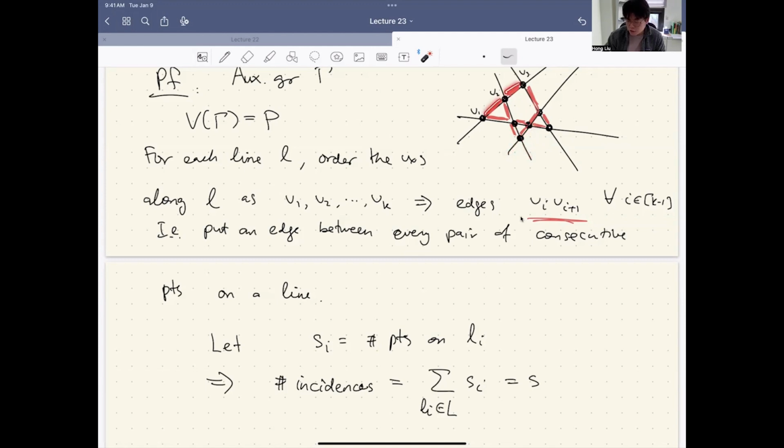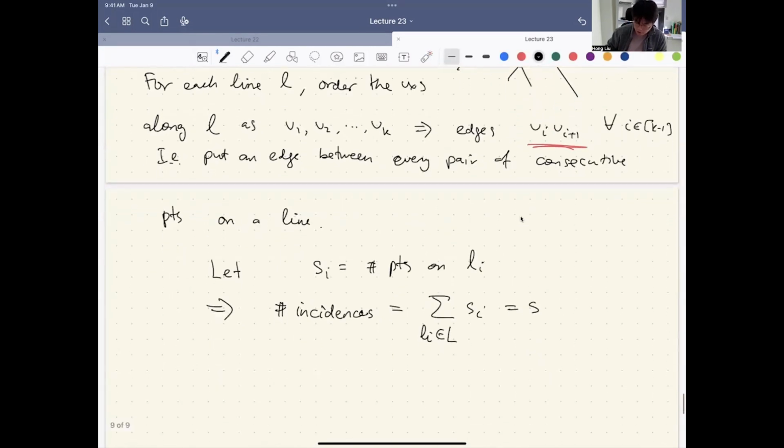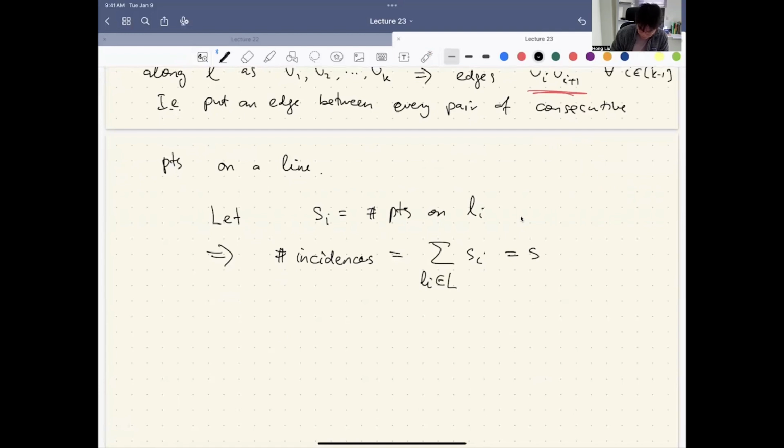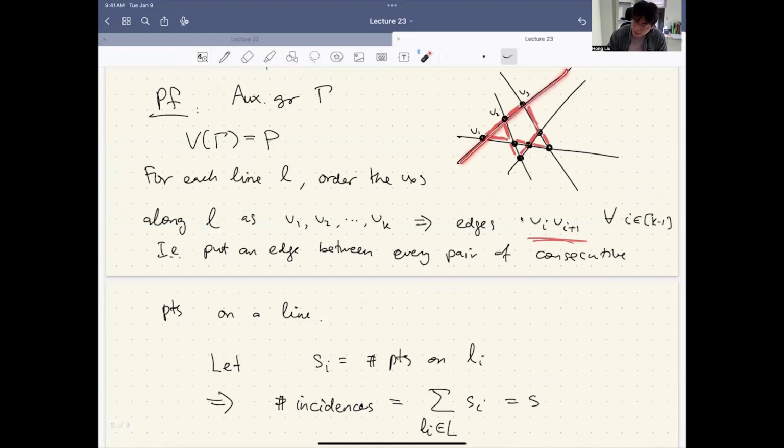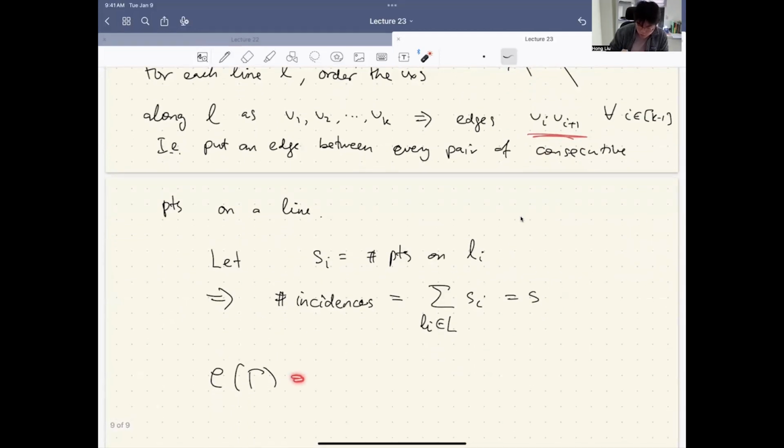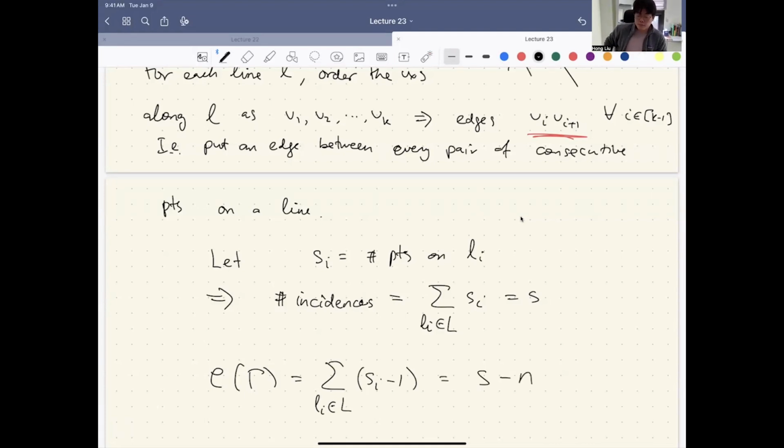What I want to say is what's the number of edges of this auxiliary graph, E of gamma? For each line we have size Si, and the number of edges associated to each line is Si minus 1. Three points, two edges. This equals the sum of Si minus 1, which equals S minus n, the total number of lines. No problem.